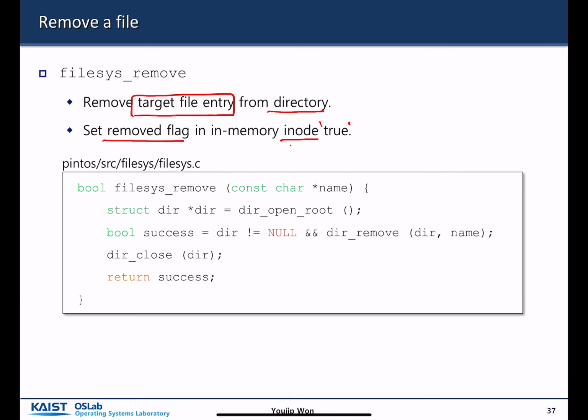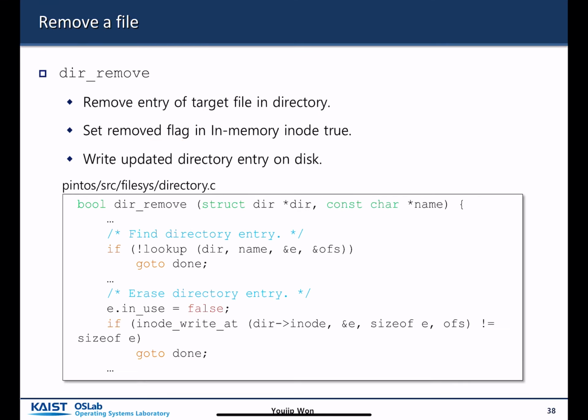Okay, so let me examine the function dir_remove. It removes the entry of the target directory, and then it sets the removed flag in the in-memory inode to true, and then writes the updated directory entry to the disk.